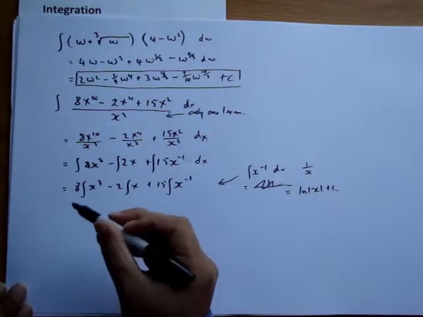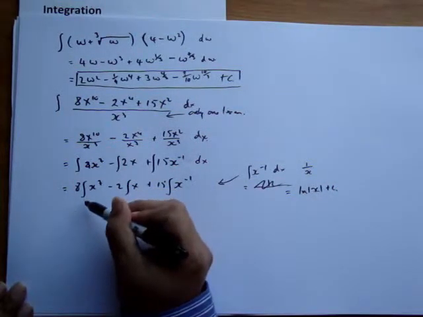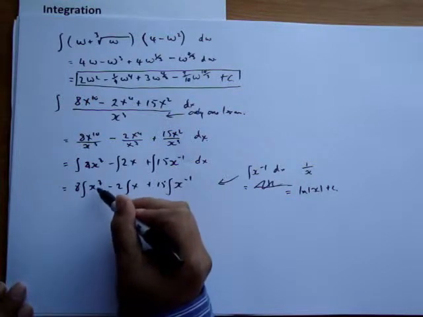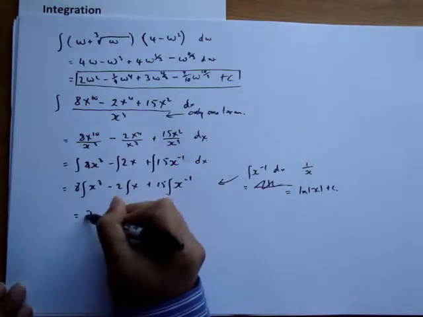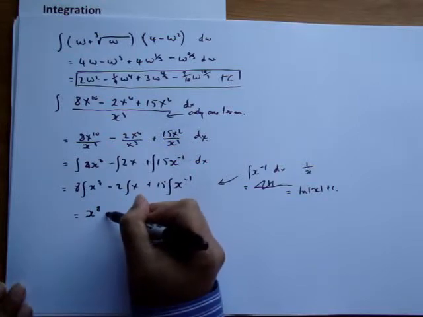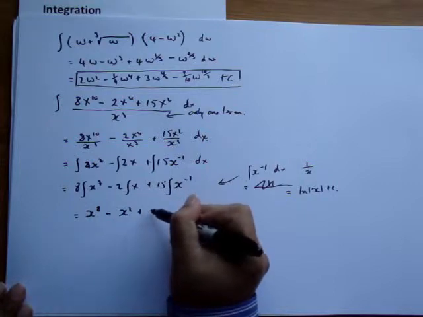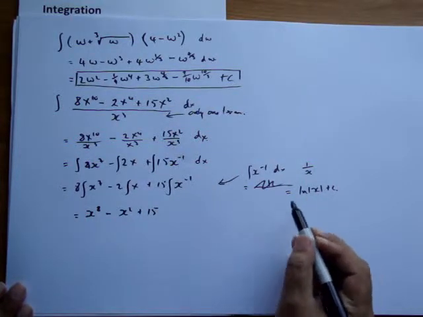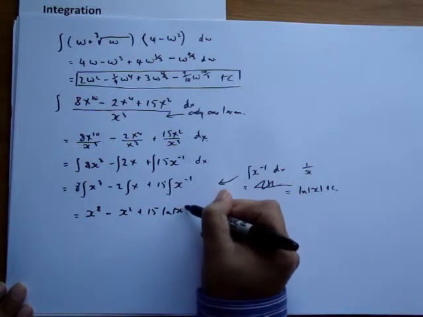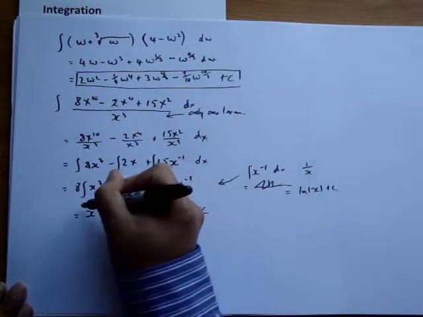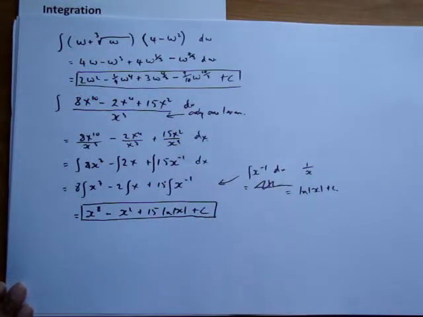So here when we do this, it becomes x to the power 8 over 8, times 8, so this then becomes x to the 8 minus x squared plus 15 natural log x plus c. And that is our answer.